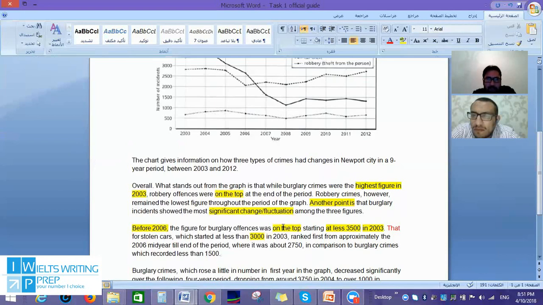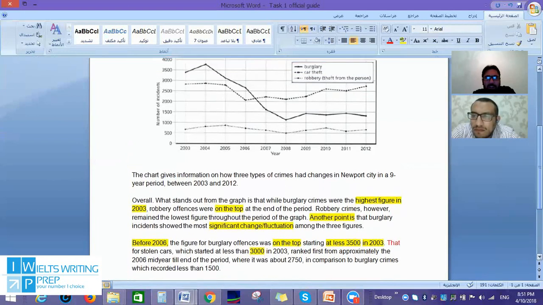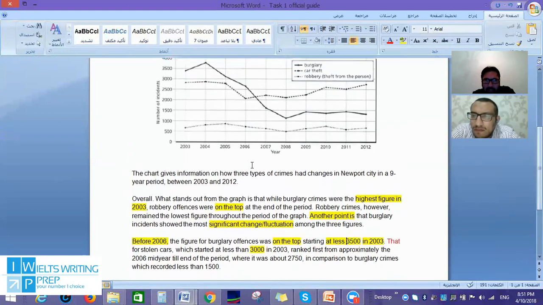The figure for burglary offences was on top, starting at less than 3,500. I don't think that's accurate enough. Then I don't know what this is, that for stolen cars, which started at less than 2,000. I think you can be a lot more accurate than that.